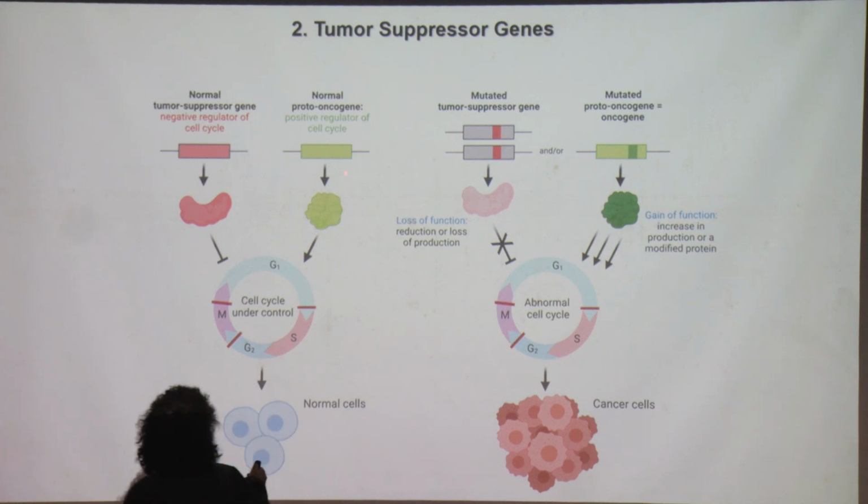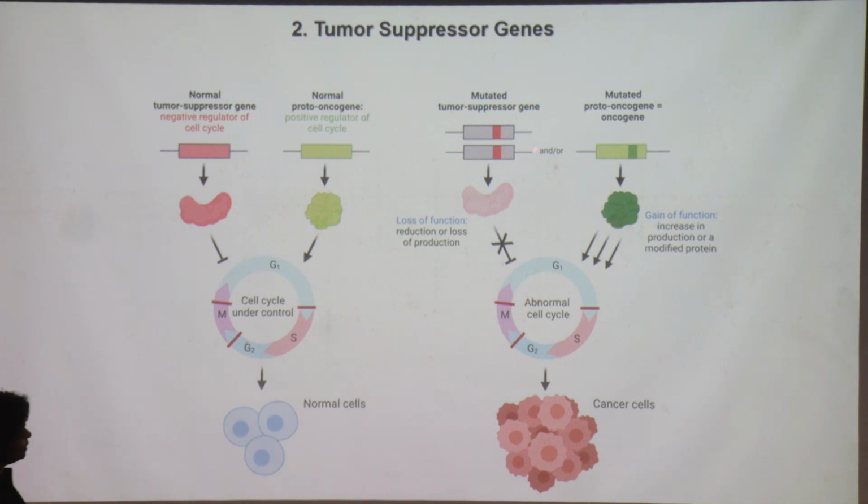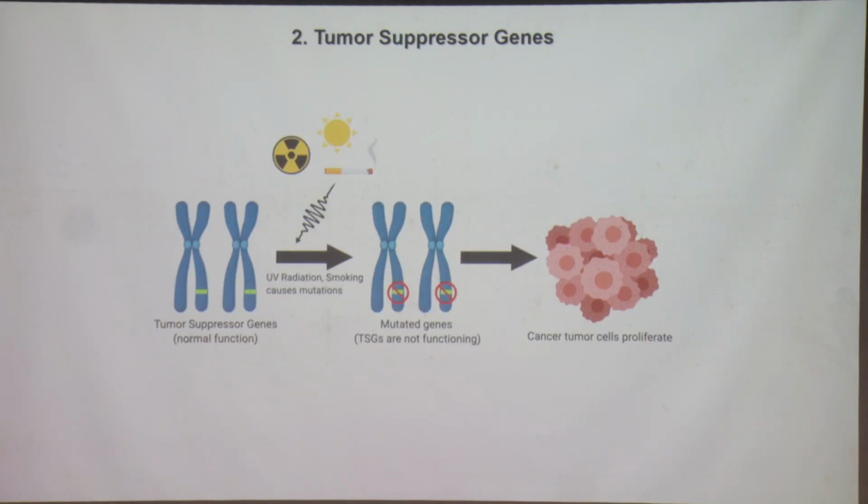But if they disappear, or if they are defective, they are there but not able to do their job, cancer will develop. Let's not go to the oncogene, we'll just look at the tumor suppressor. Either they get deleted or they are defective, and that is a root cause for cancer.